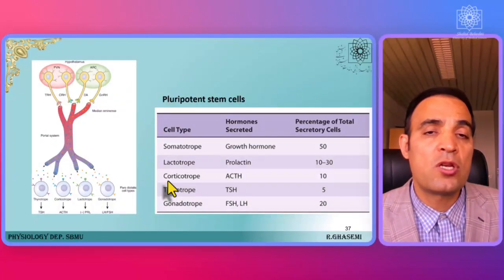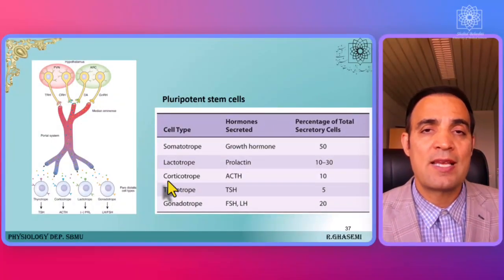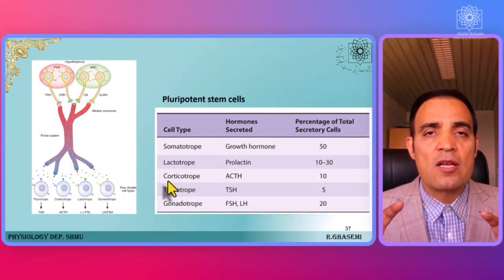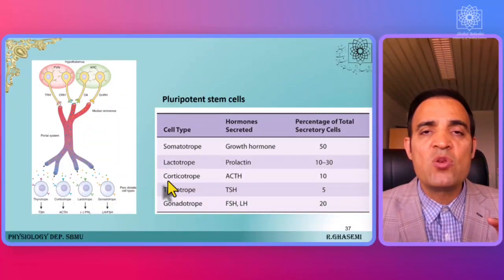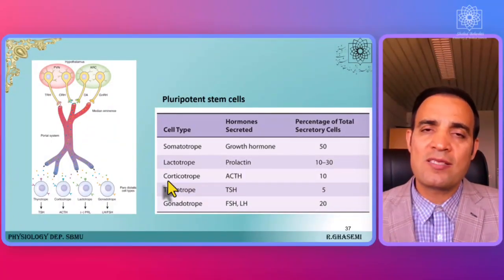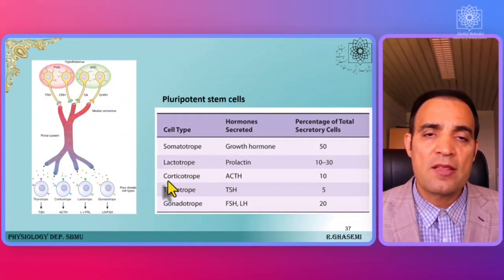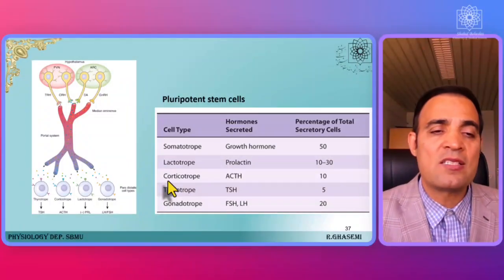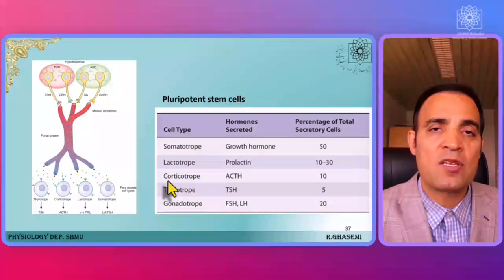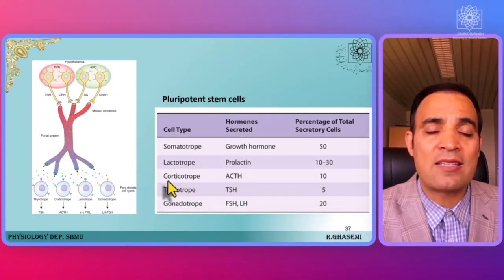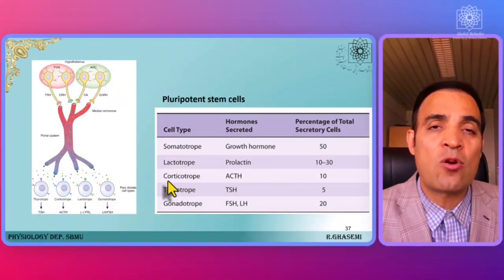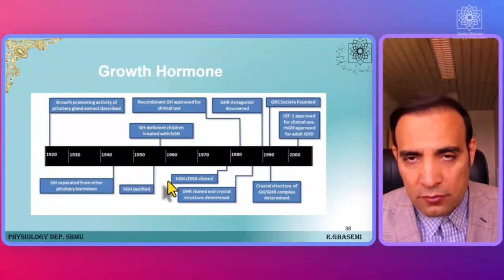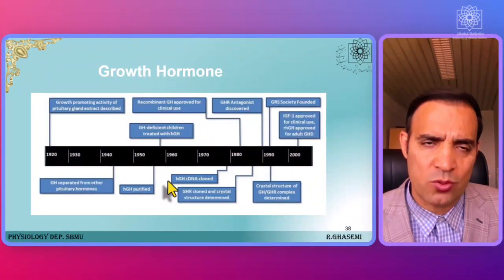And there are some pluripotent stem cells that are responsible for regeneration of new cells that were lost or cells that we need. Therefore, this population is not fixed, and every time it is adjusted according to our need. Let's come back to growth hormone.